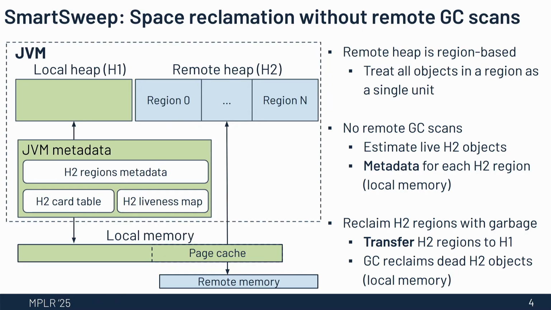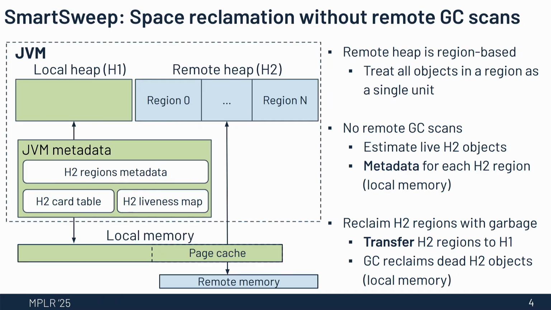The remote heap is region-based, so we treat all objects inside a region as a single unit. Instead of scanning a remote object, we estimate which objects in H2 are alive. To do this efficiently, we use metadata in the local server about each region.